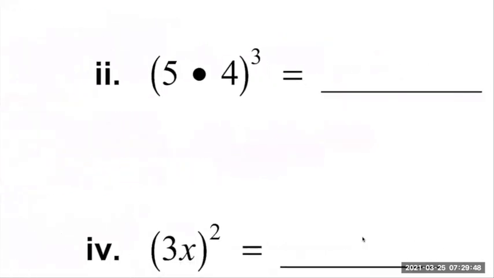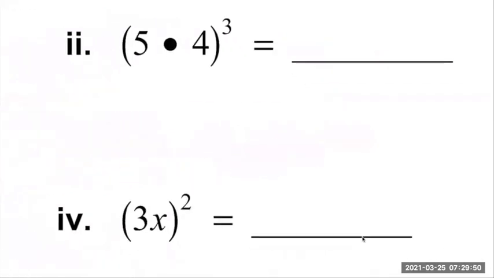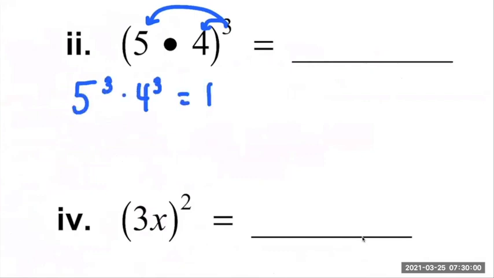So let's look at the next one. I'm going to distribute that 3 to everything on the inside. So I get 5 cubed times 4 cubed. It's 125 times 64. Again, use a calculator. I am. No shame in the game.